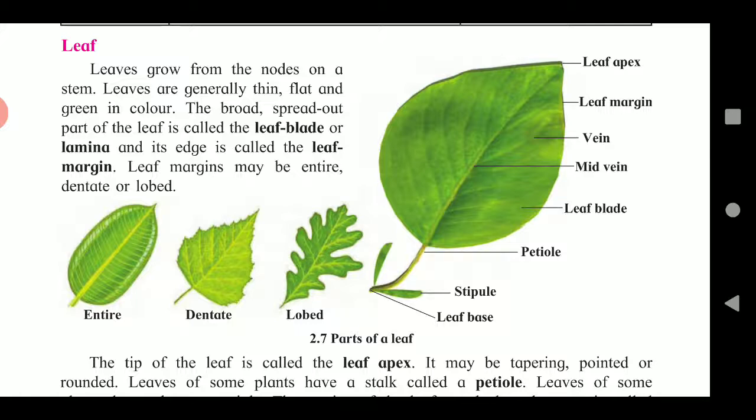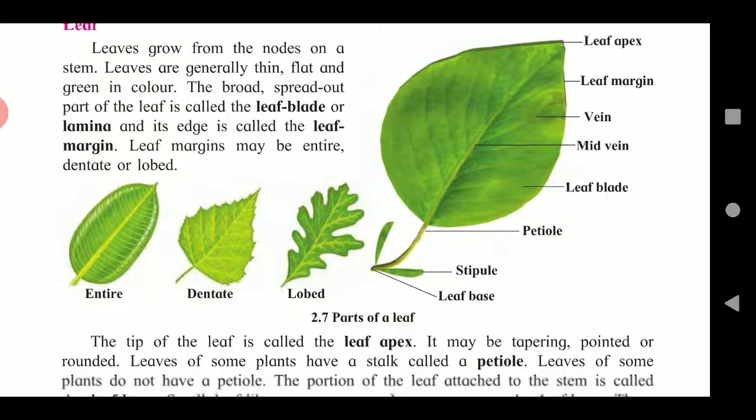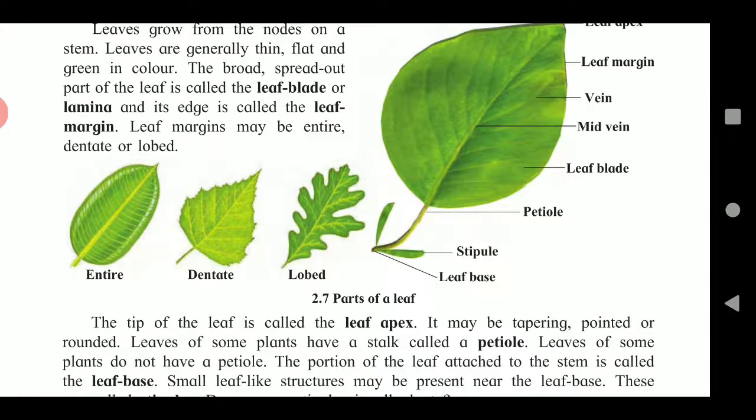It is the tip of the leaf. The types of leaf apex are tapering, pointed or rounded.